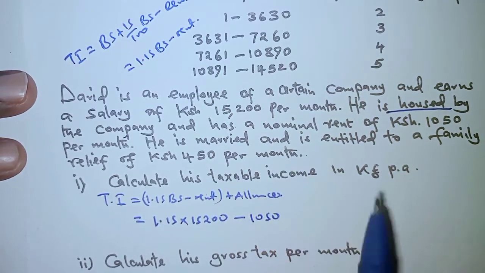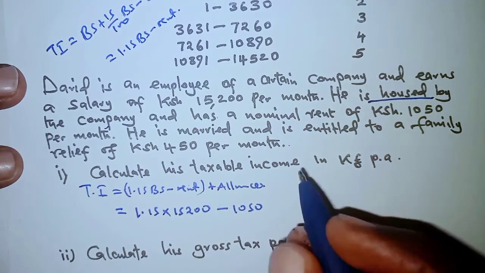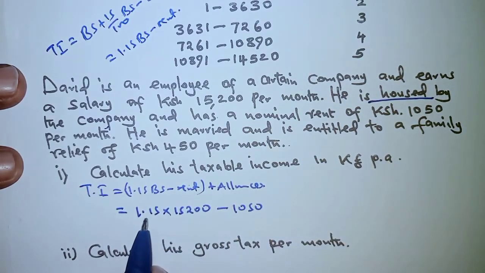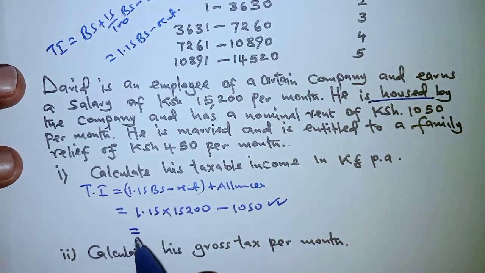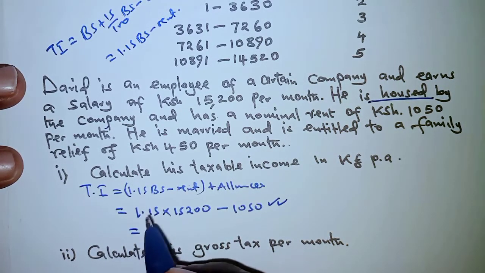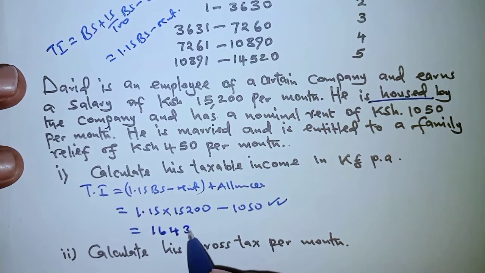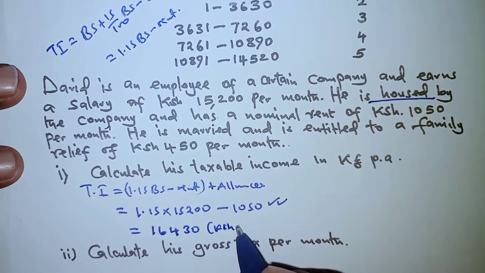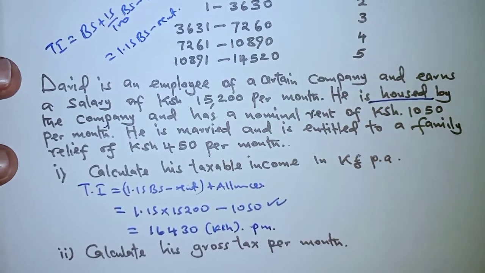And of course from the question we are not given any allowance, so that simply means we are going to get the taxable income as shown here. So working out these, we are simply going to have 16,430. This is in Kenyan shillings, and it is Kenyan shillings per month.